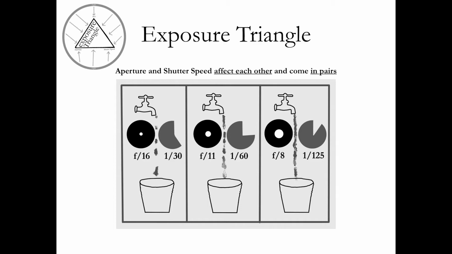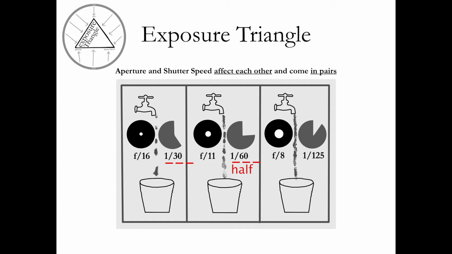Here we are seeing 3 exposure pairs that are letting in the same amount of light. From the first to second image, we've changed our shutter speed to be 1 stop faster, from a 30th of a second to a 60th. So we let in half as much light through the shutter because it's going 1 stop faster.